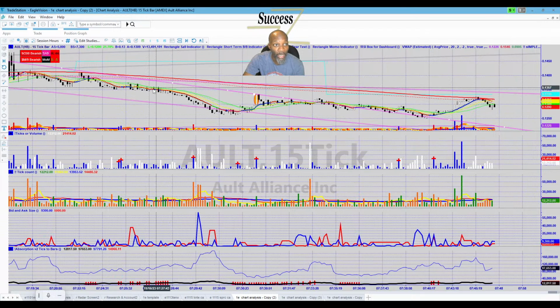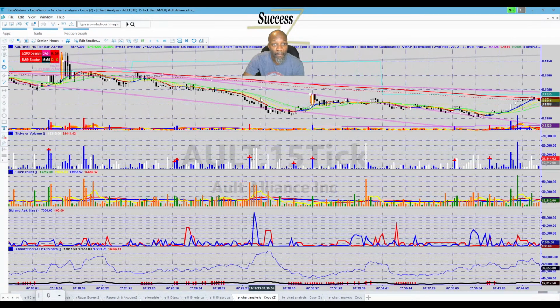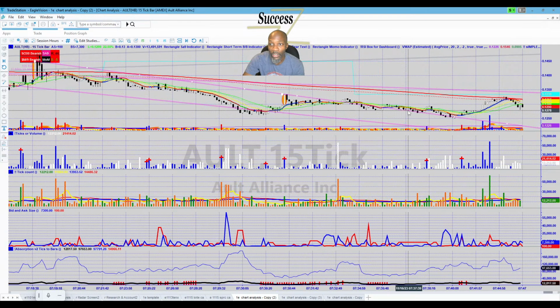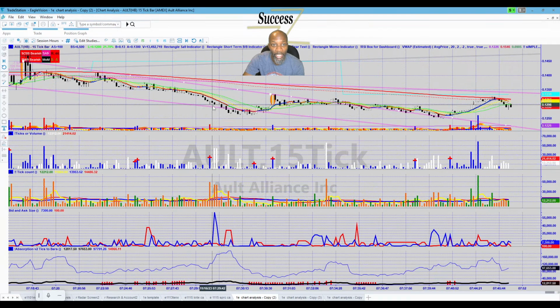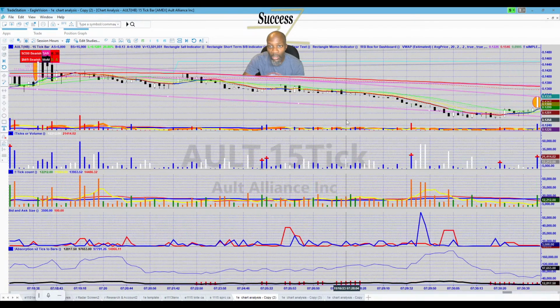You see this pink line, we already have a descending trend line that was formed, but should I only take trades above the descending trend line once we get a break, or can I take them under the descending trend line? This one here worked under the descending trend line. I have a blue candle there.